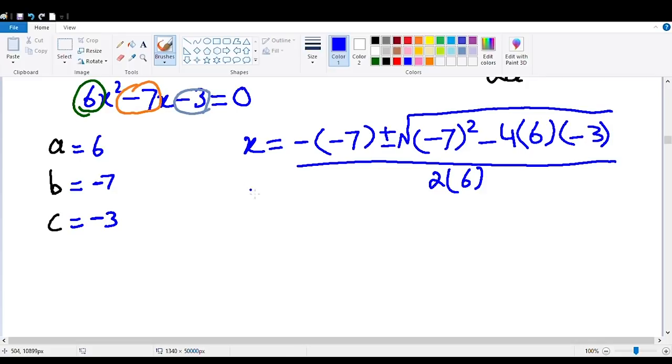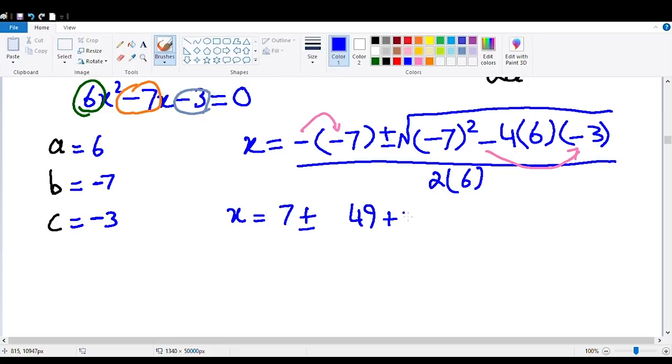Now, x will equal minus into minus makes plus, as you know. So plus 7 plus minus 7 squared is 49. Minus into minus again is plus. So it'll be plus. Over here, for example, you could say 12 6s or 24 3s.